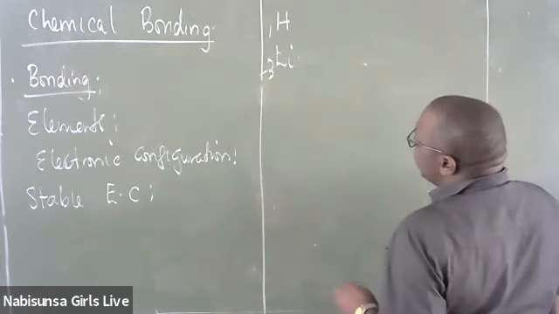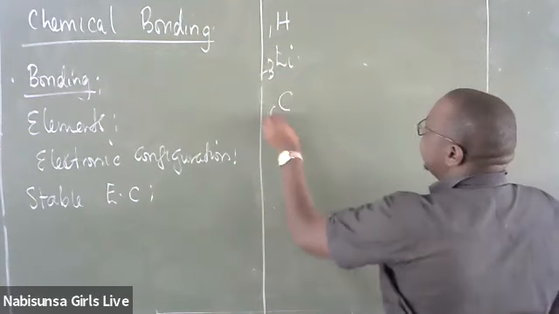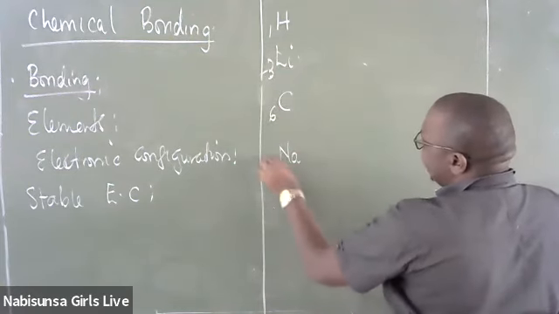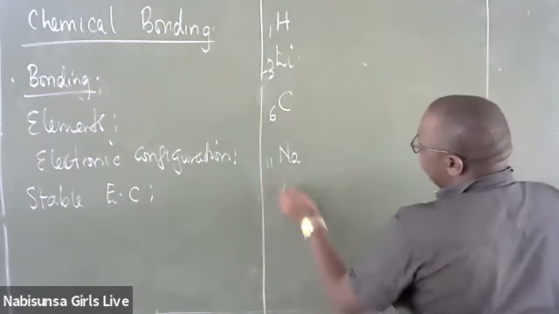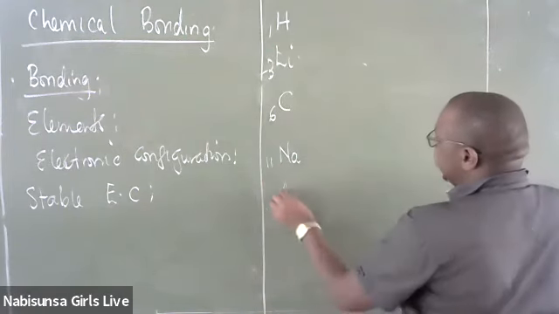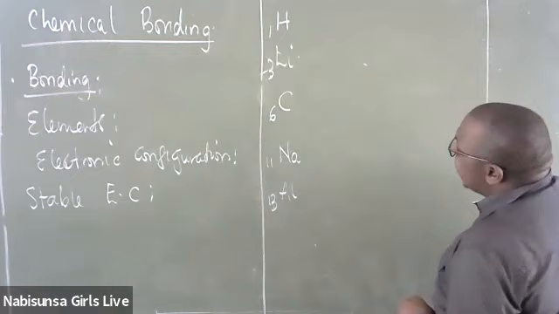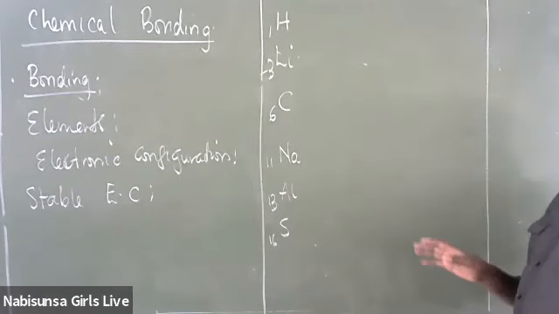Let me go to carbon, 6. I have sodium, 11. I have aluminium, 13. Okay, sulfur. All these are elements here, just to remind you about electronic configuration.